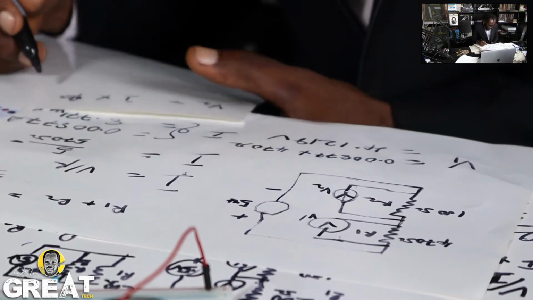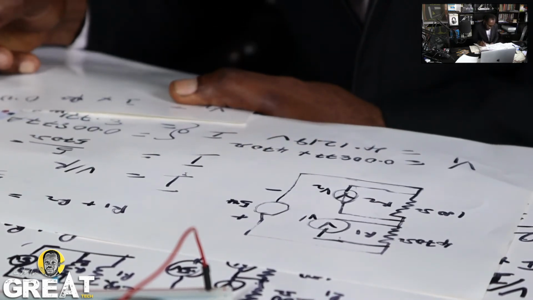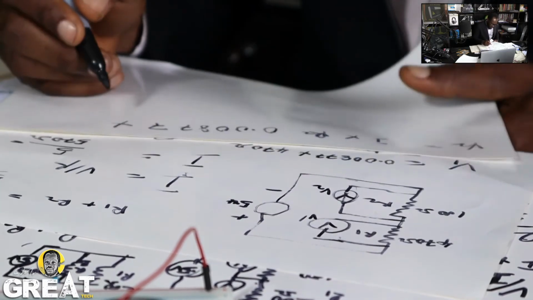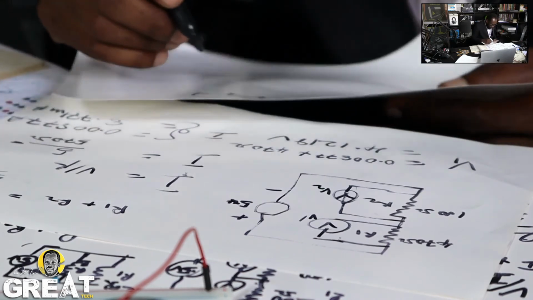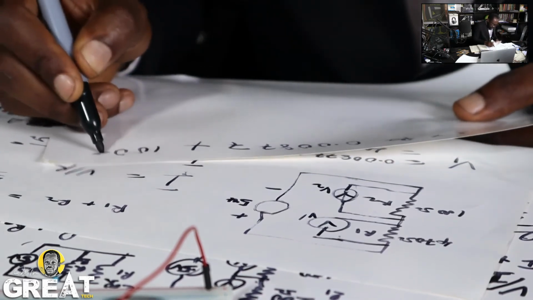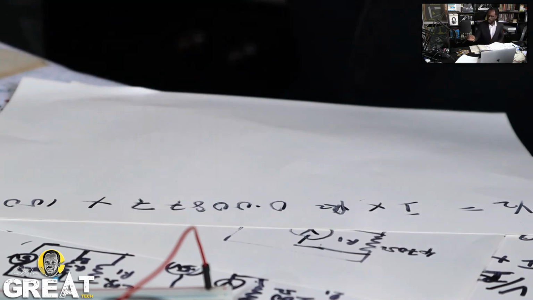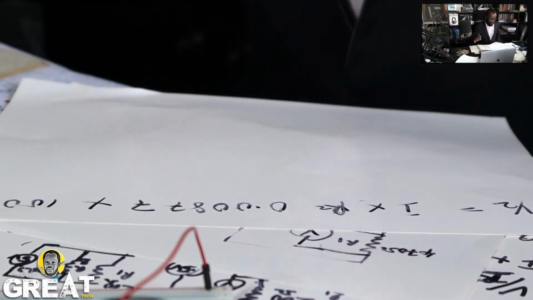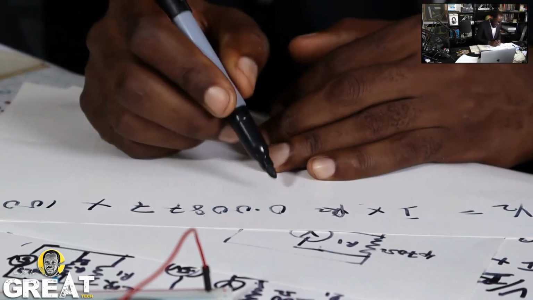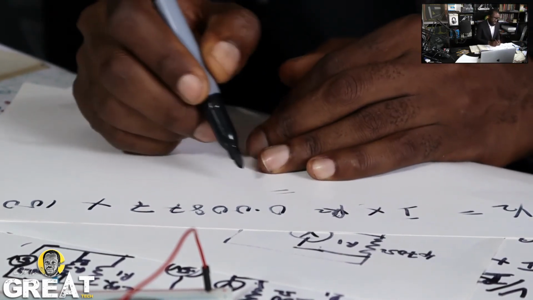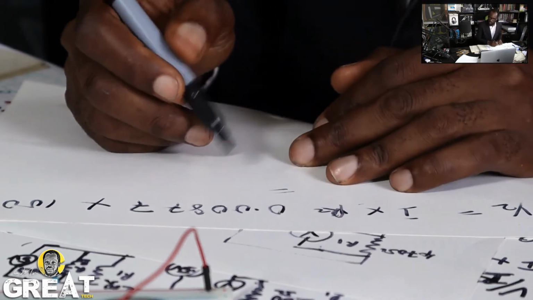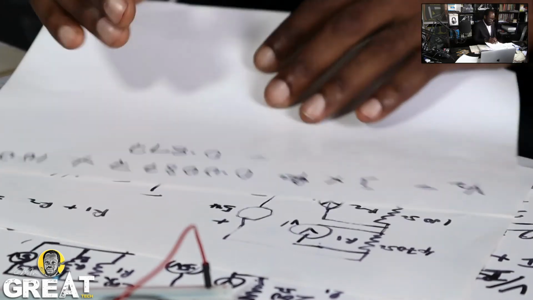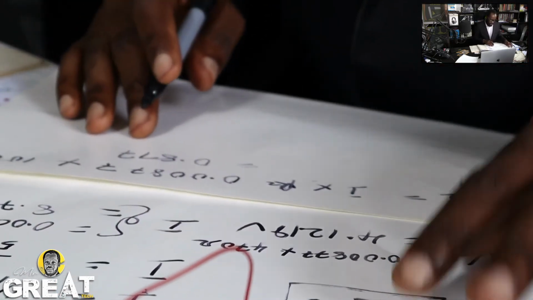And our I is 0.00877 times 100 ohms. So I have V2 equals 0.877. So when you add these two, you have 5 volts.